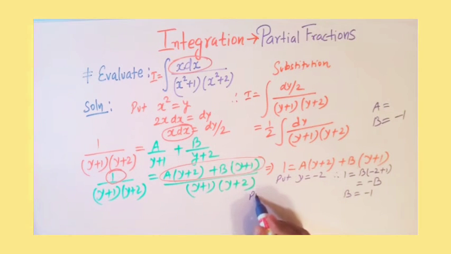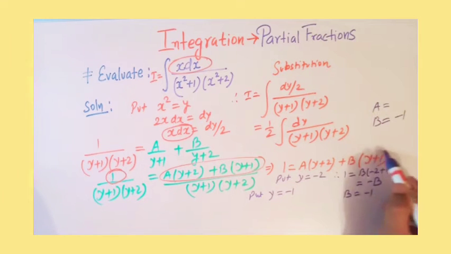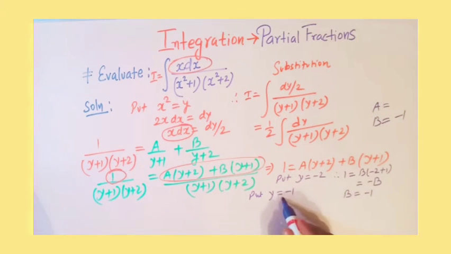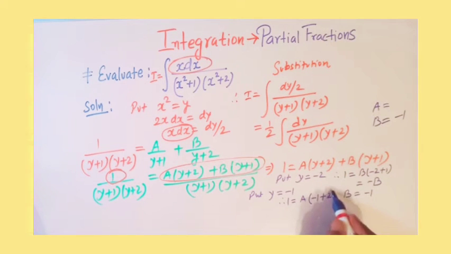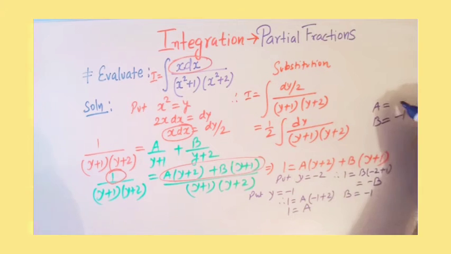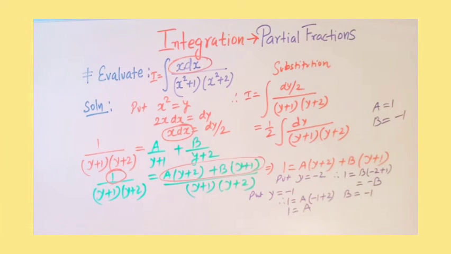And if we put y is equal to minus 1, then this term will become 0, so we have 1 is equal to a times (minus 1 plus 2), so 1 is equal to a, so the value of a is 1. Clear?